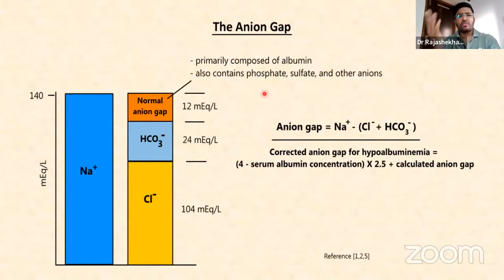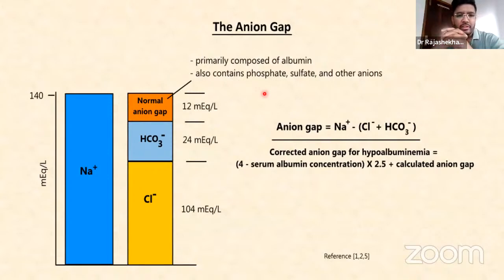So why is this important, why did this concept come into metabolic acidosis? Because whenever we are calculating or predicting the acid-base responses in our patient, we can work till the patient has the diagnosis of metabolic acidosis, or whatever mixed acid-base disorders they have. But after having metabolic acidosis, to proceed further we need to know what kind of metabolic acidosis the patient is having, because we have innumerable causes for metabolic acidosis.